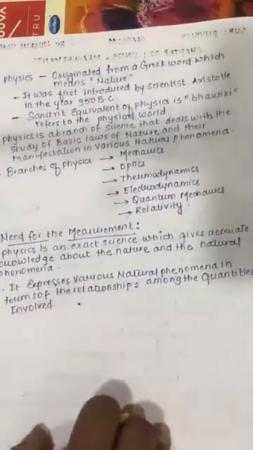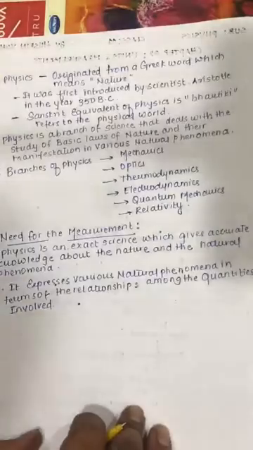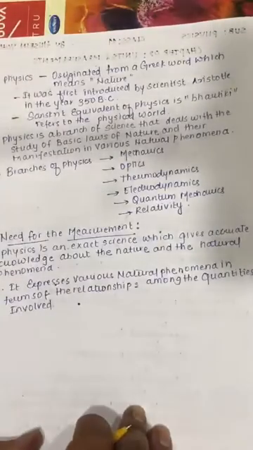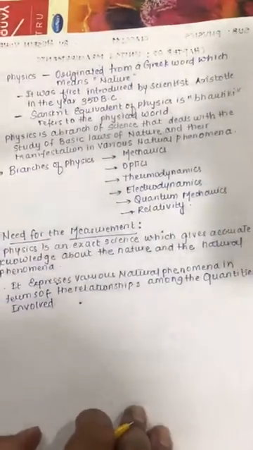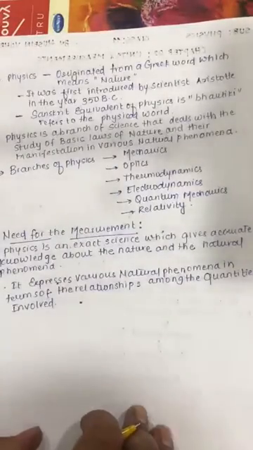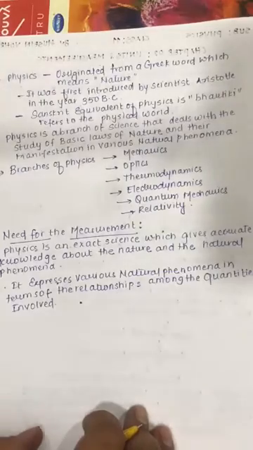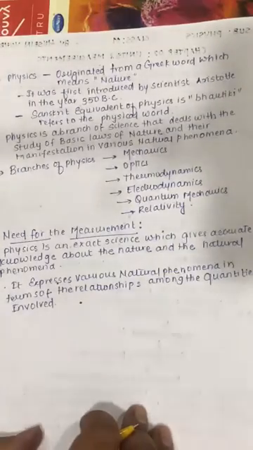You would be able to see that various natural phenomena are being expressed into mathematical equations which consist of various quantities, right? So this is what has been said in the second point. It expresses various natural phenomena in terms of the relationship among the quantities involved.